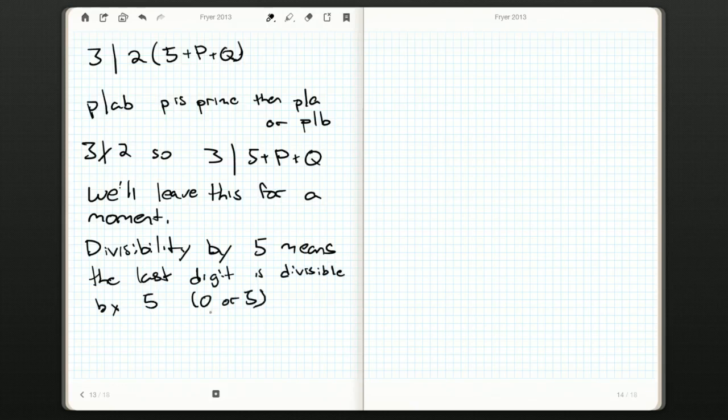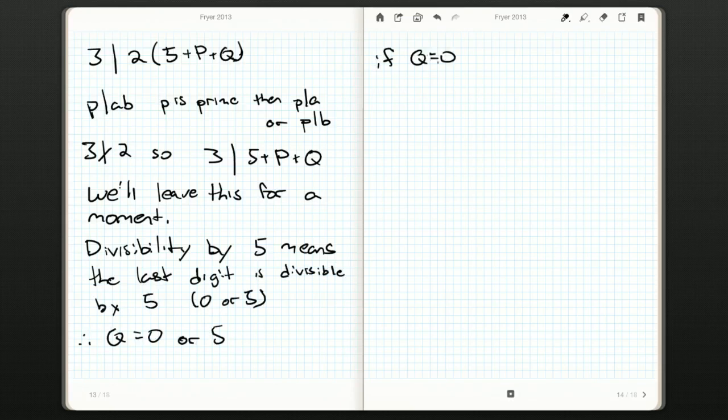So your last digit can be either 0 or 5. So Q is 0 or 5. Well, that's actually really nice. We probably should have started with that one. So now we have two cases.